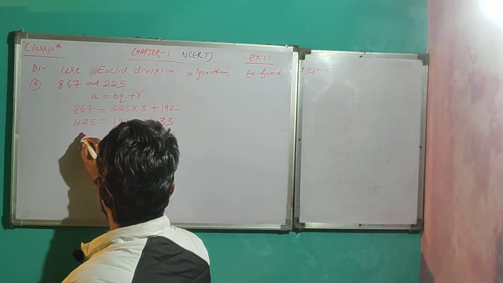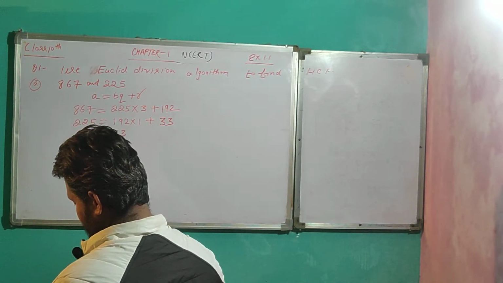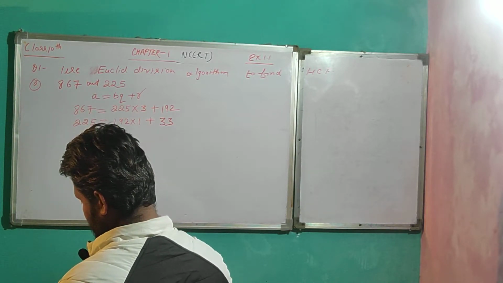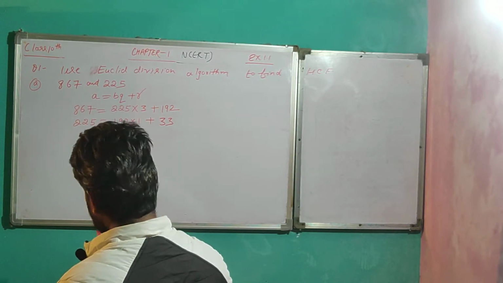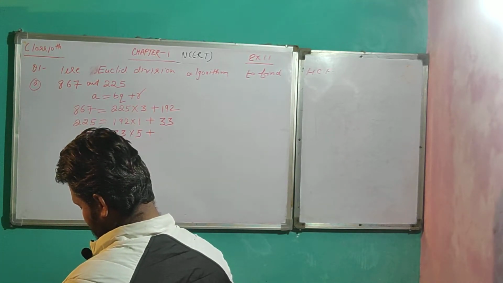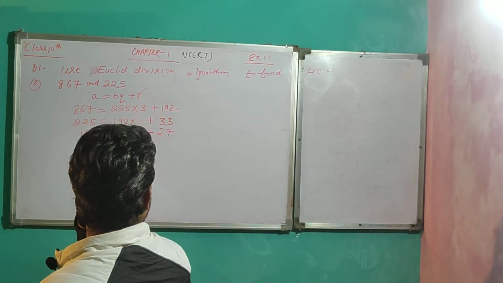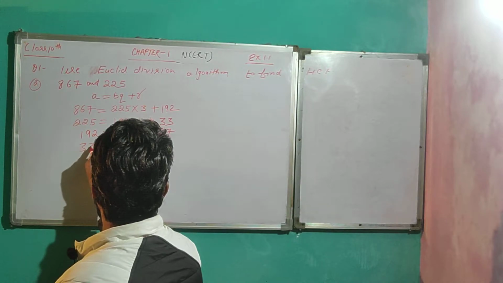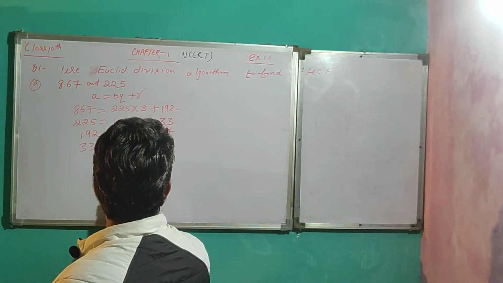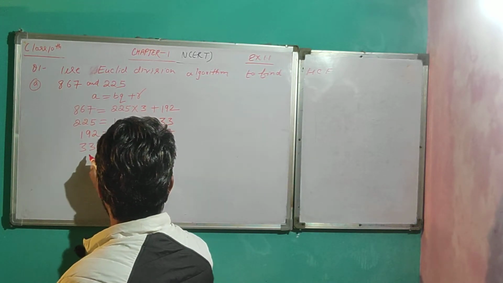Now 192 is equal to 33 into 5 plus 27. 33 into 6 is 198, 33 into 5 is 165. 192 minus 165 is 27. Okay, now 33 is equal to 27 into 1 plus 6.